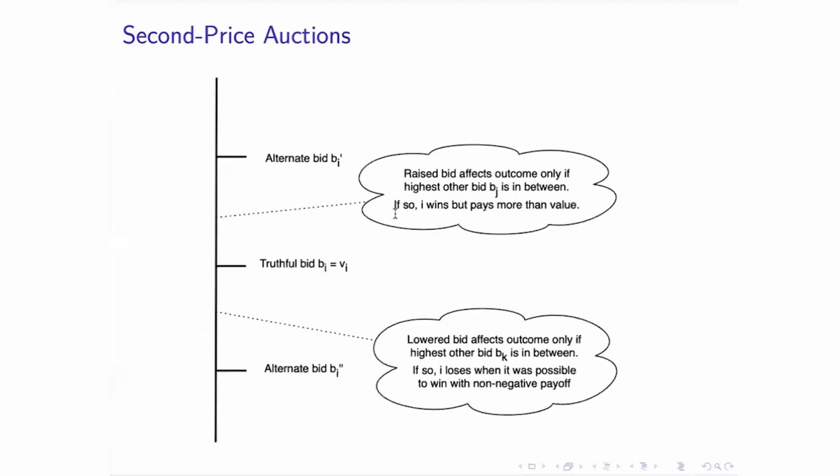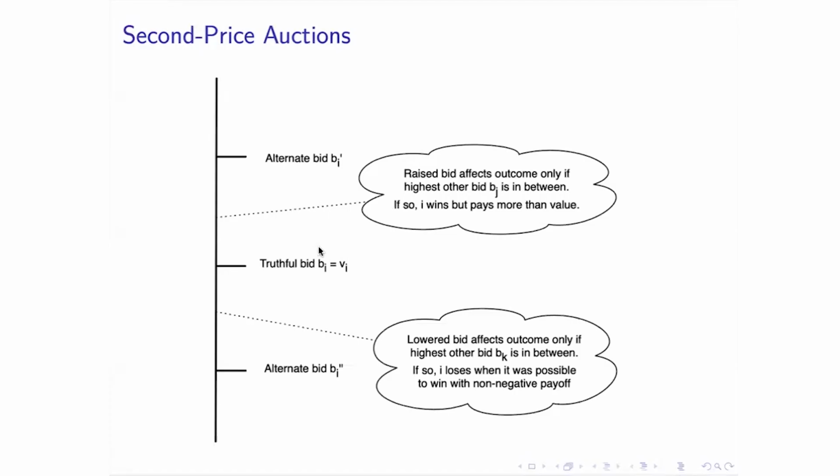So let's now illustrate what is going on. Imagine that for player I, the true bid would have been to bid Bi equal to Vi. Now we are considering different deviations. One deviation to consider is what happens if a player actually ends up bidding a higher value. You can have different cases.